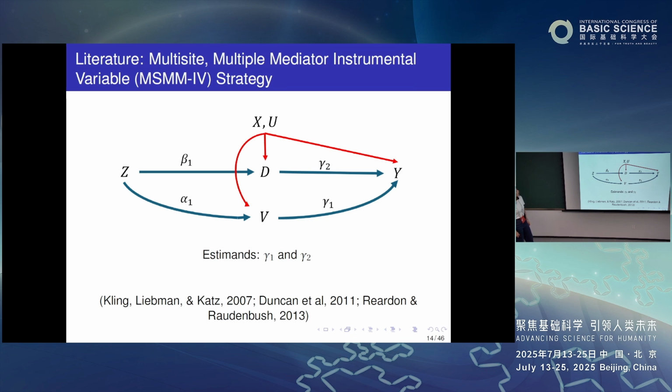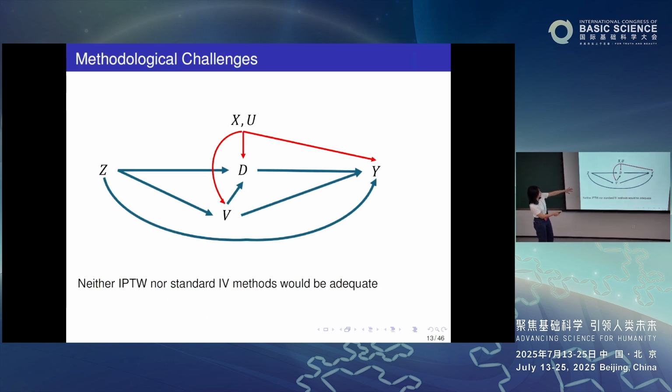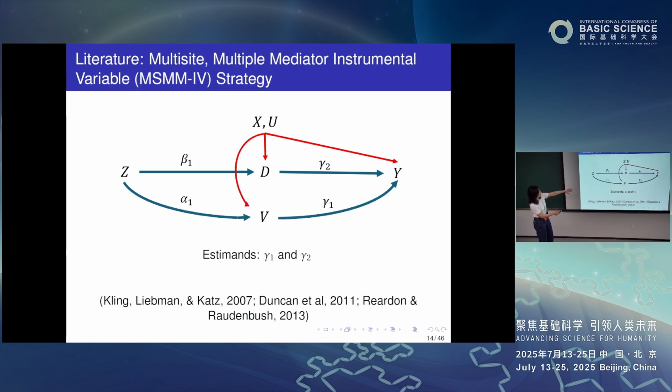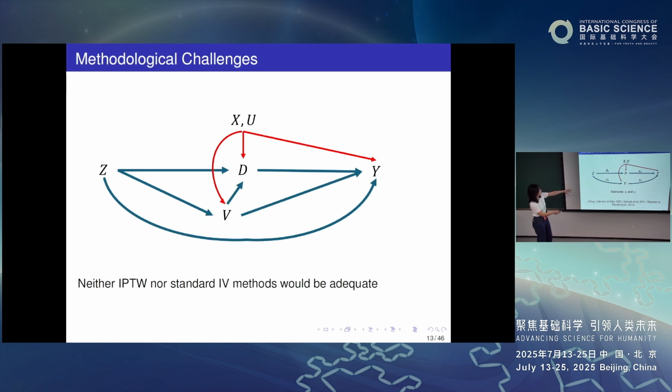Now here is what we have in the literature by utilizing multi-site instrumental variables. This is the multi-site multiple mediator instrumental variable strategy, and this is the causal graph underlying their method. If you compare this with what we want, you could see that it's much less complicated, right?